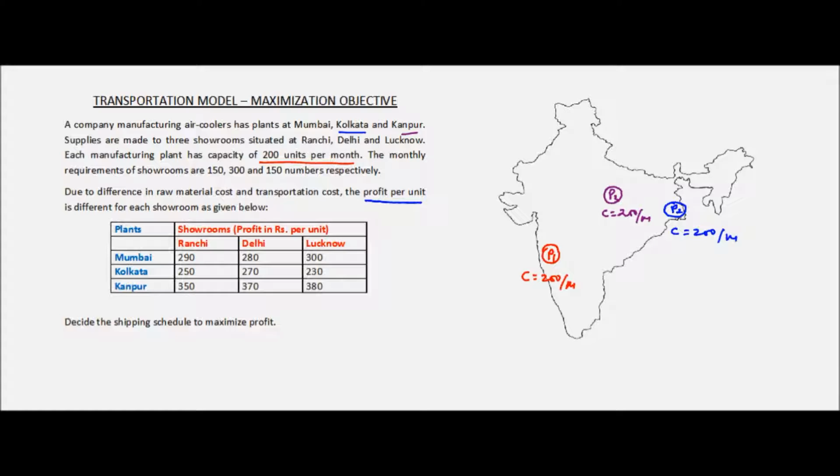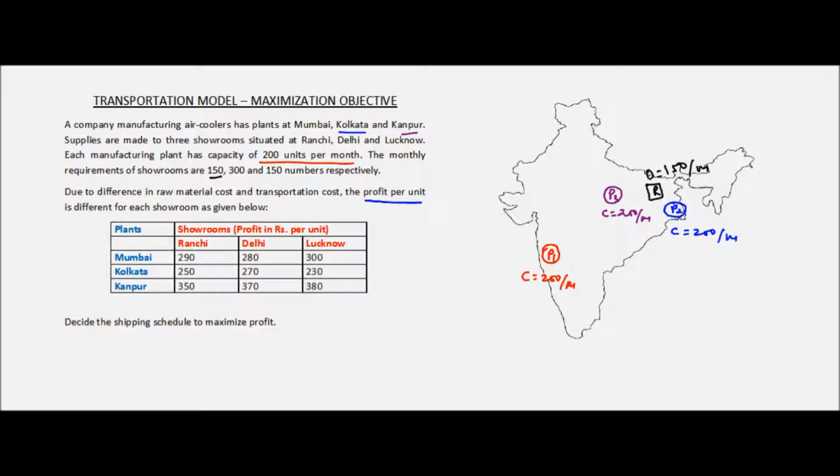Now this company has 3 showrooms, one at Ranchi, the other one at Delhi and the third in Lucknow. So let's say the Ranchi one is here. Let's say this is R for Ranchi and this has a demand of 150 units per month.